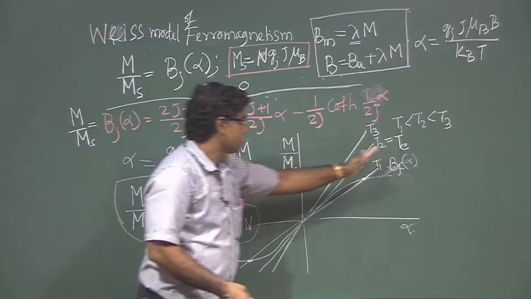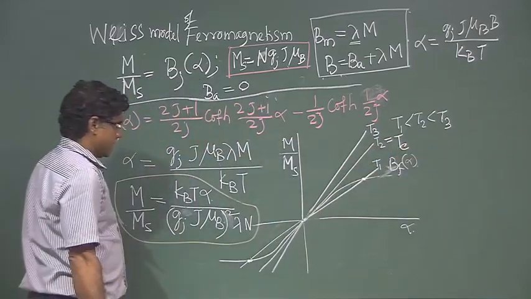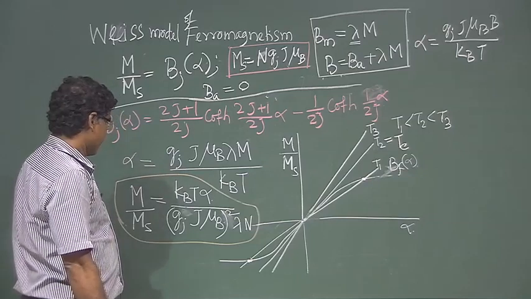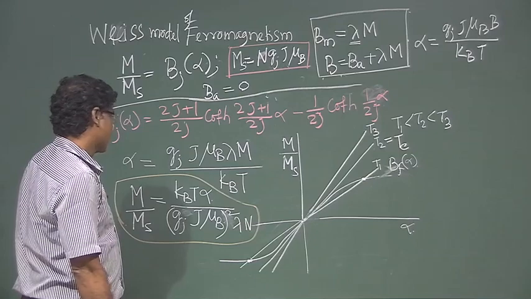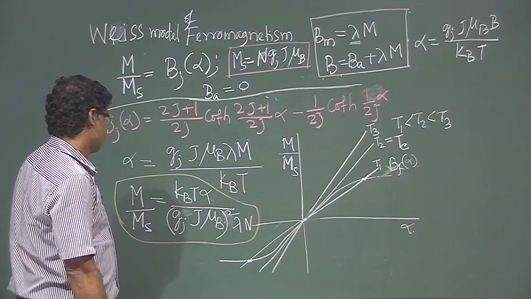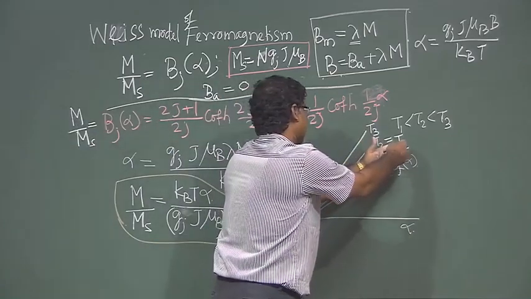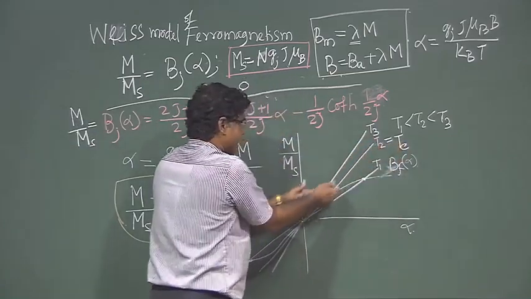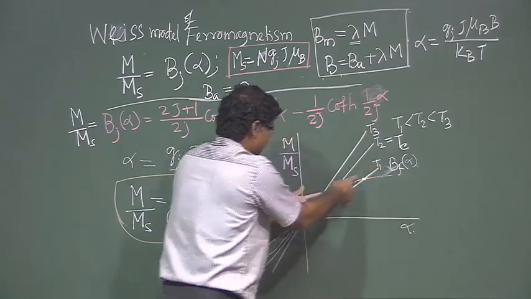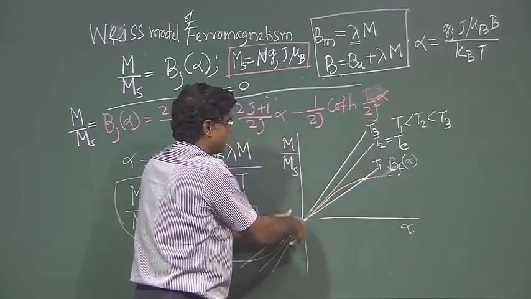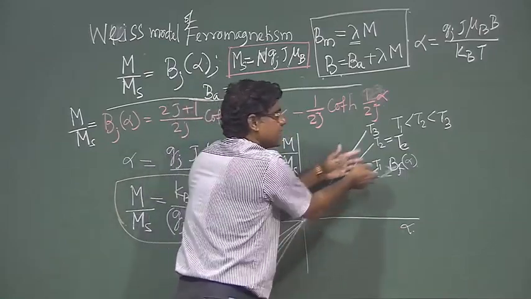This temperature Tc, one can find out. At T equal to Tc, the gradient of this straight line and the gradient of this Bj curve at alpha equal to 0 will be equal.